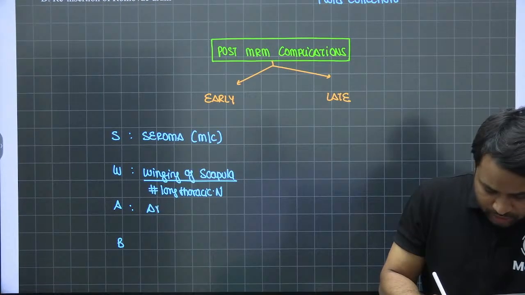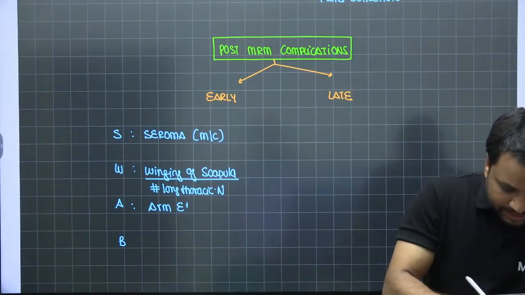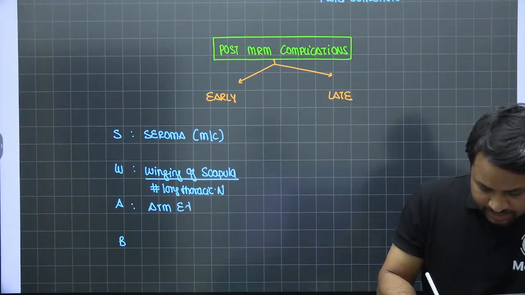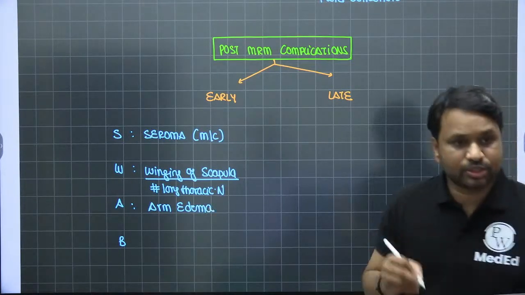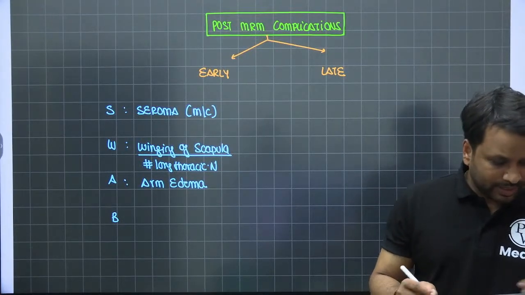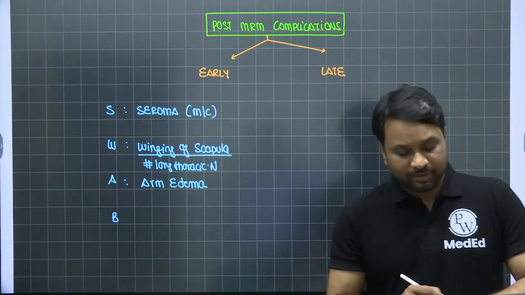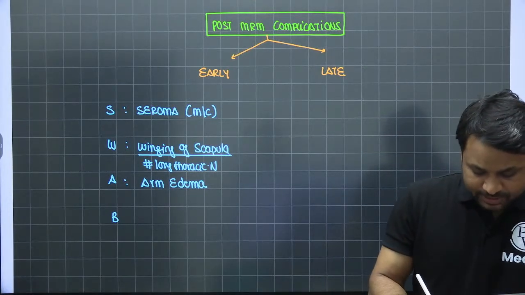A stands for arm edema, that is your upper limb edema. Whichever side the MRM is done, same-sided arm edema will be noticed, right? That means it is ipsilateral lymphedema.